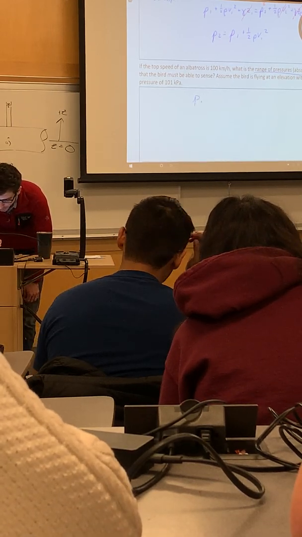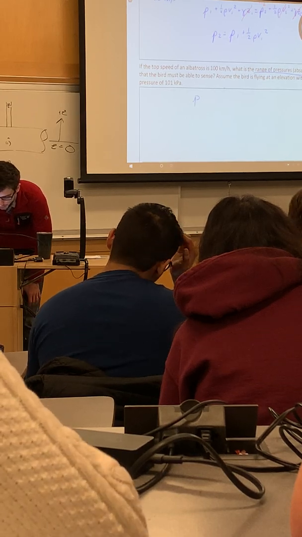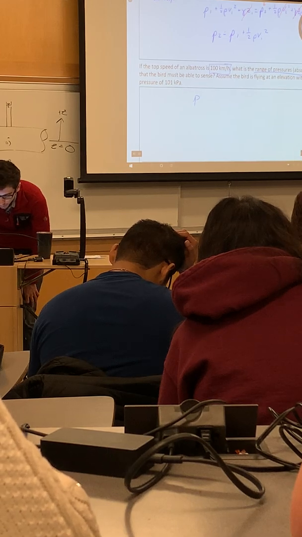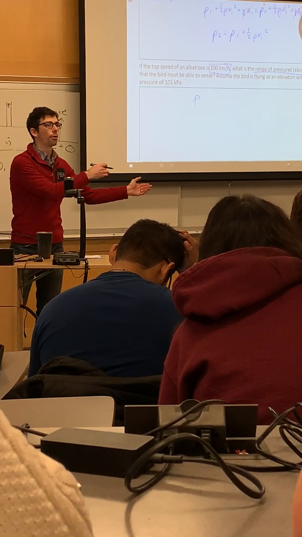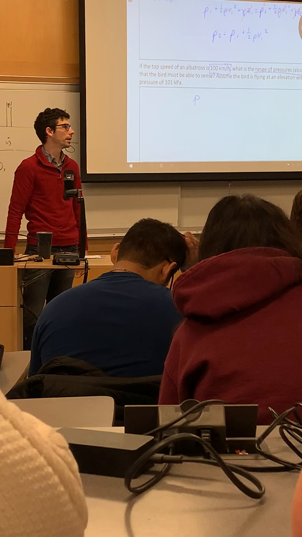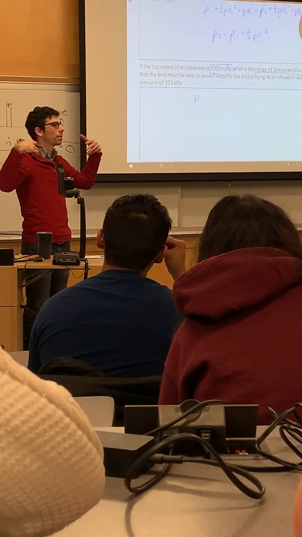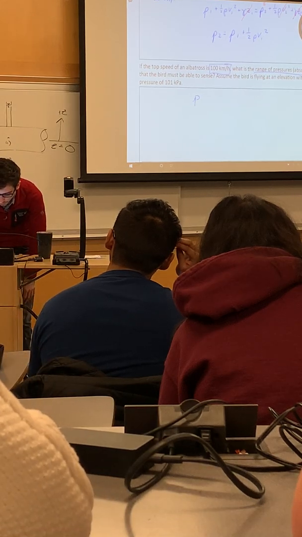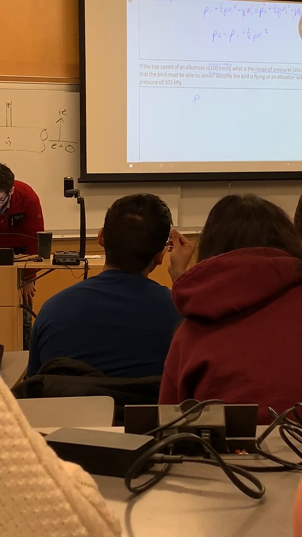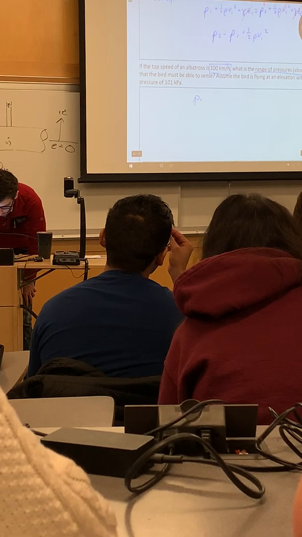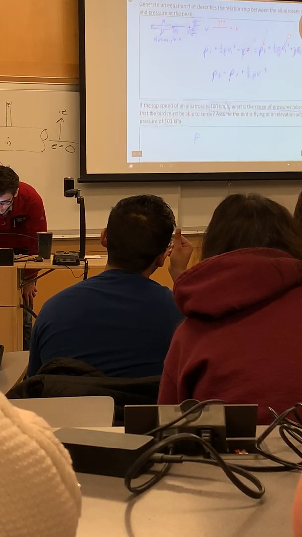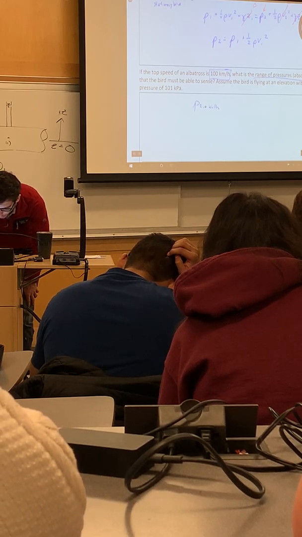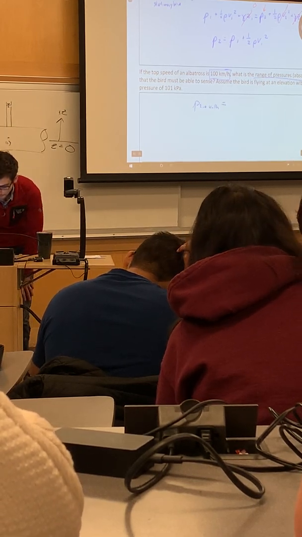So, let's ask for the range of pressures that the bird must be able to sense. If the top speed is 100 kilometers per hour, again, we're assuming a stationary bird, and the equivalent scenario of it sitting there with a 100 kilometers per hour wind impinging on it. If we want to look at the full range, we could first calculate the pressure at point 2 at 0 kilometers per hour, which would equal what?